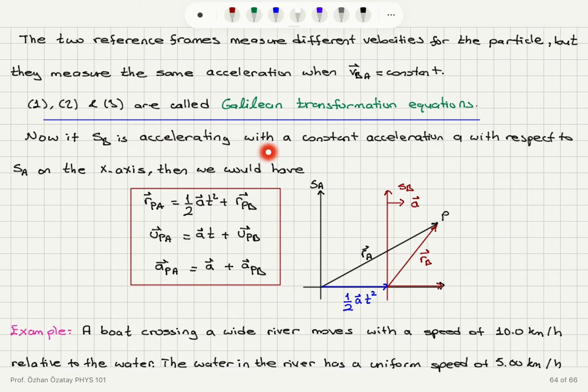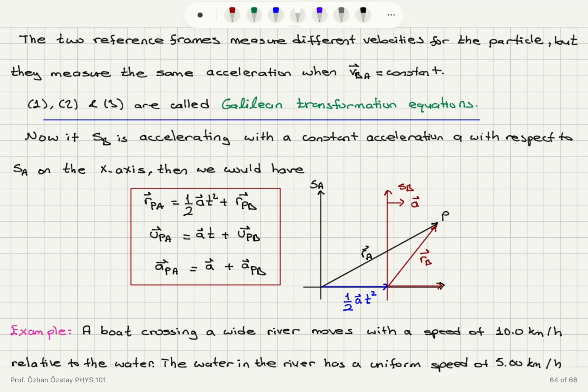So if SB is accelerating with a constant acceleration a with respect to SA on the x-axis, then we have this set of Galilean transformation equations, which tells us that the accelerations reported by the observers on the two reference frames are also not the same.